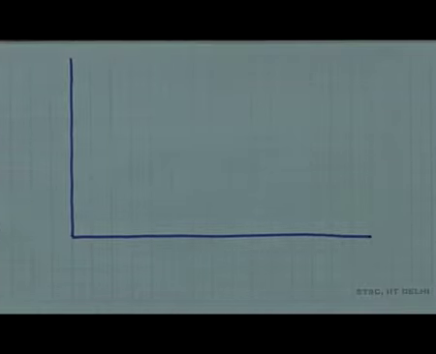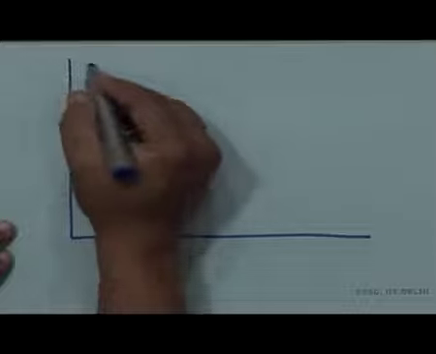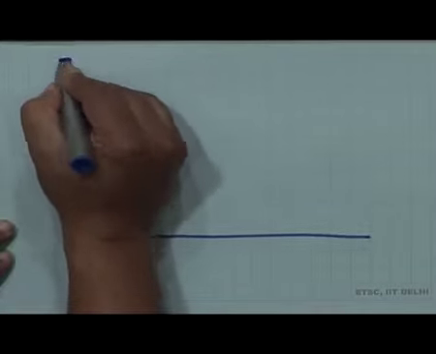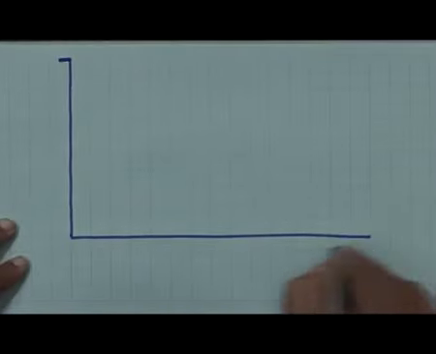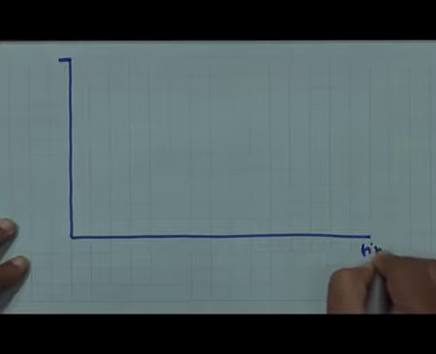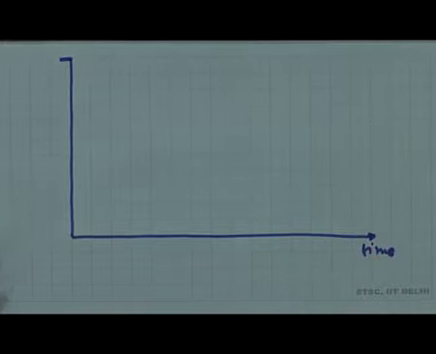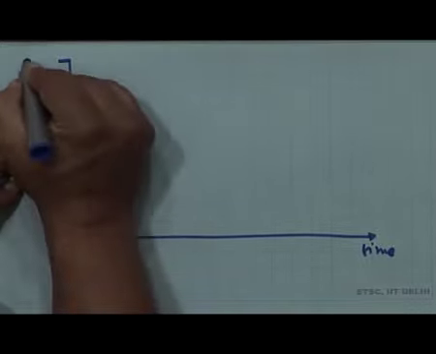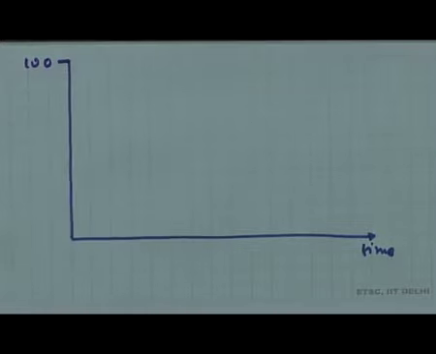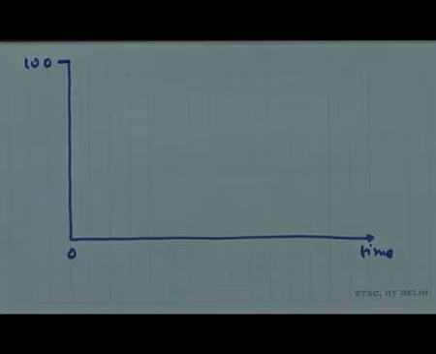Here, let us say this is my time, and this is my concentration of reactant on the y axis. This is my 100%. This is time 0, so I have 100% of the reactant, no product. This is my initial value A naught, which I say is 100%.